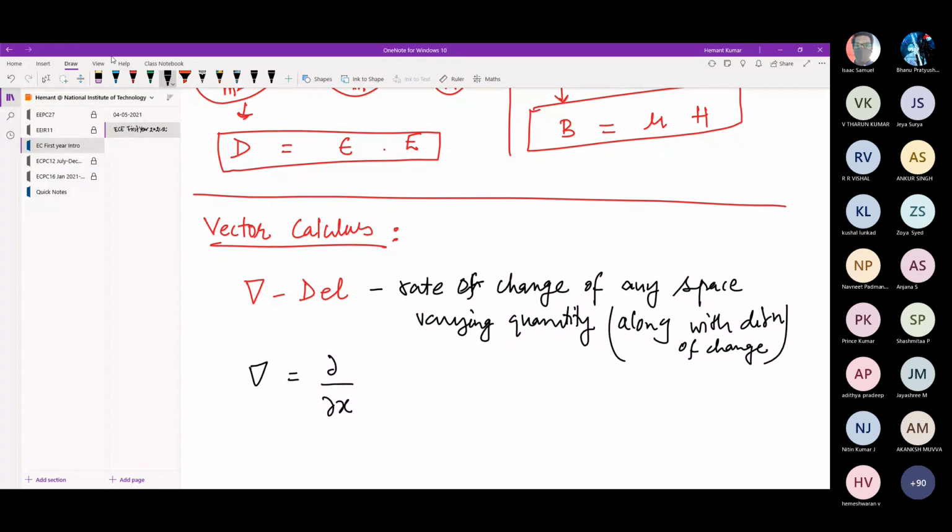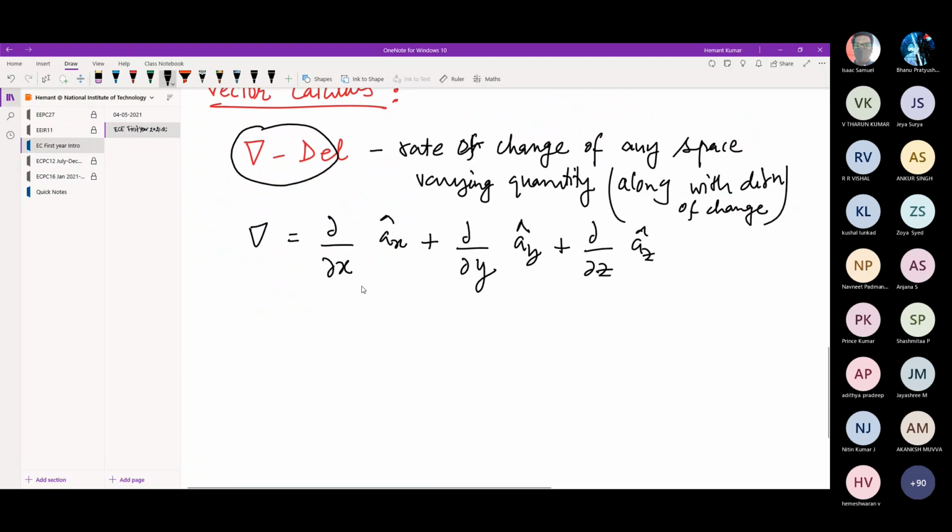Then it is given by del by del x a_x, del by del y a_y, and del by del z a_z. So it is basically a vector derivative operator, because if you calculate del f, suppose f is a temperature or any scalar function of x, y, z, then del f will be a vector quantity, right?